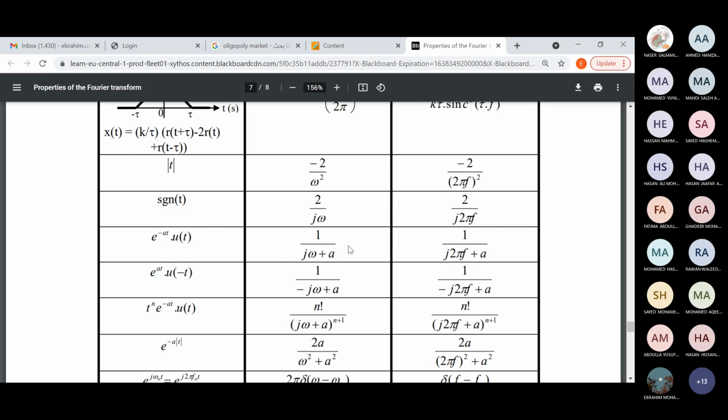Maybe the question comes to you like this. If it does not say show, if it is not proved, then you can directly use a table to find the Fourier transform, or to go from the frequency domain to the time domain.